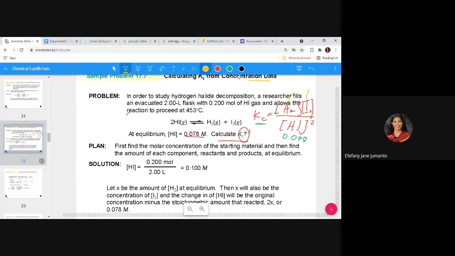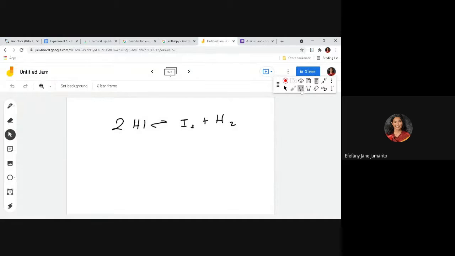Now let's use the ICE table. We will just write ICE.